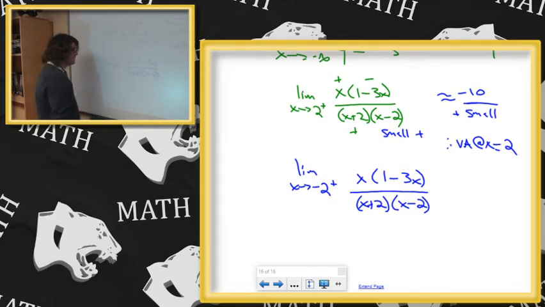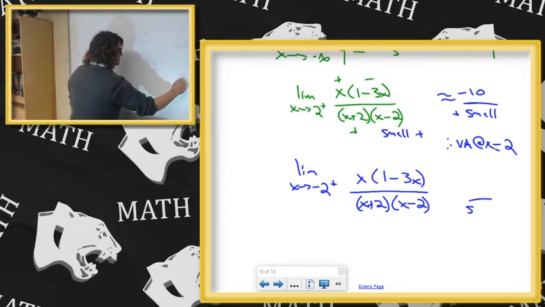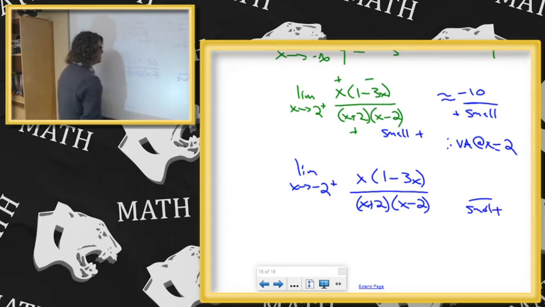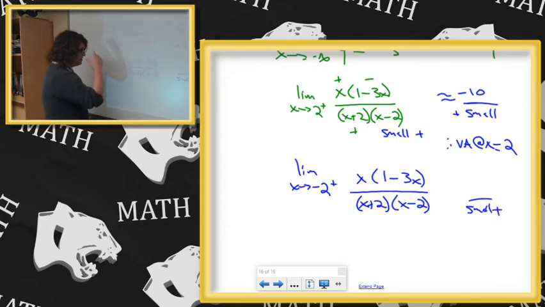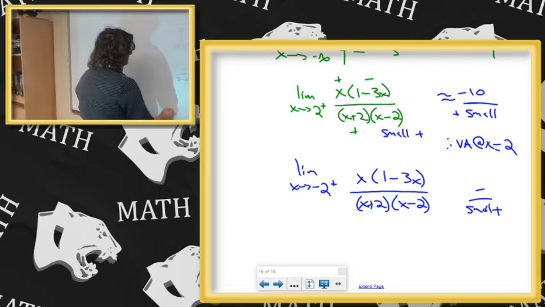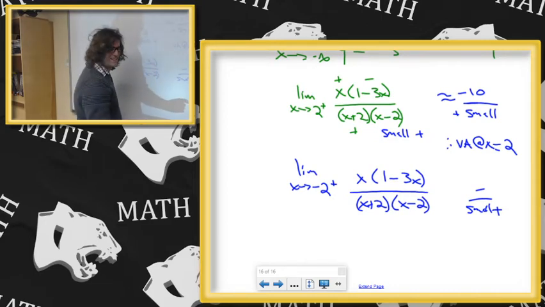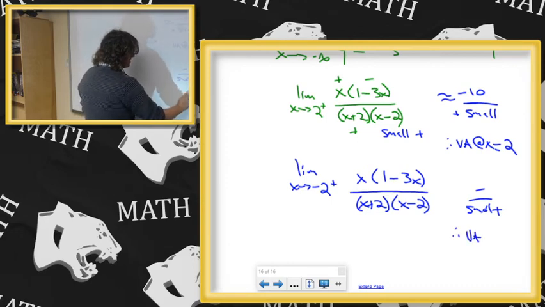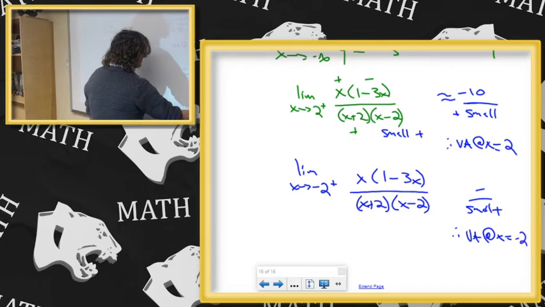Add that together, you get a very, very small positive again. Up top, we're going to have a negative. So it's a negative again. Vertical asymptote at x is equal to minus 2.